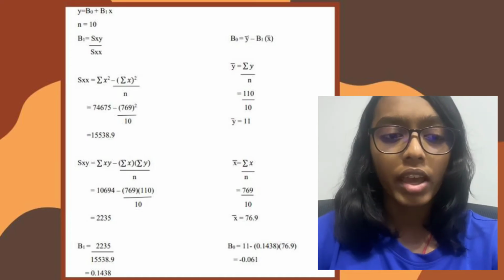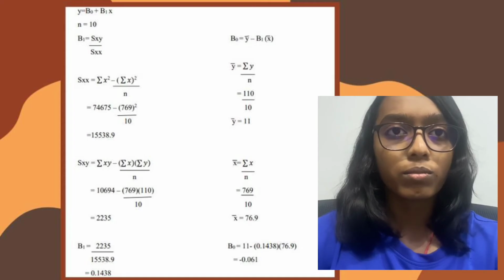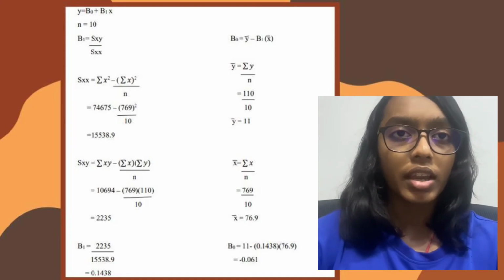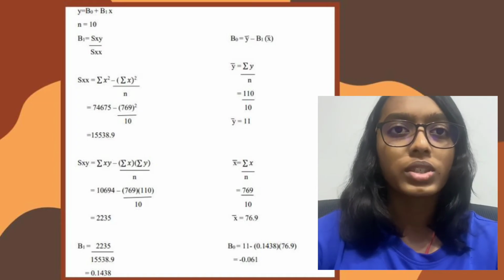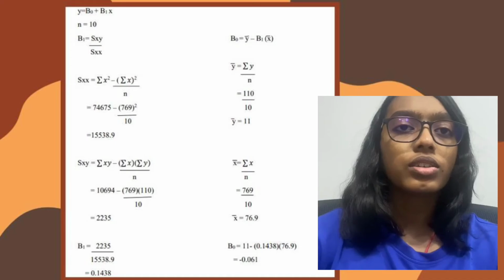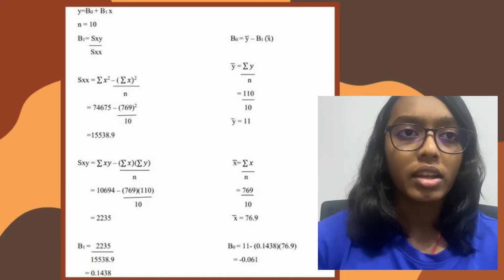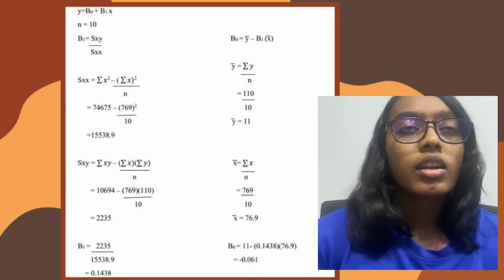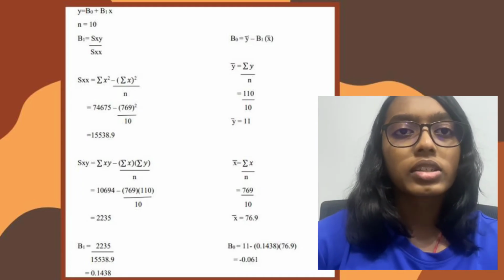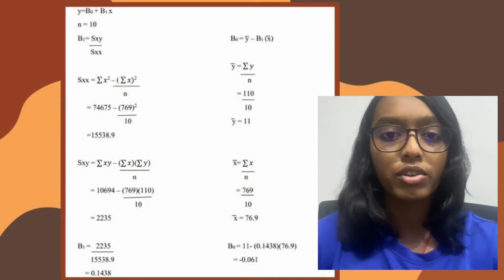The sum of x is 769, and then divide it by 10, you get x bar, which is 76.9. So B0 equals 11 minus 0.1438, which is B1, times 76.9. You will get negative 0.061. That is the value of B0.